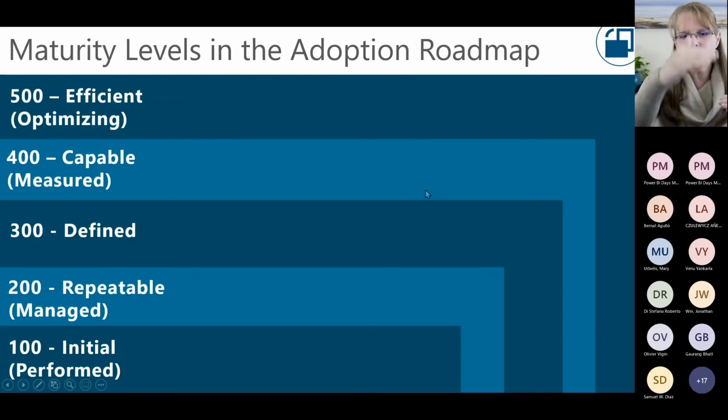Now, I'm going to give you a quick review of these 5 levels, but I do want to preface it by saying what we put in the adoption roadmap are very, very generic. Almost everybody that uses the roadmap is going to have to customize them for your organization, and say, what does level 200 mean for me in this particular area? So just use them as a general guide.